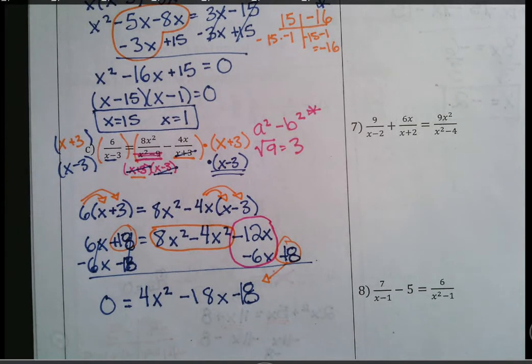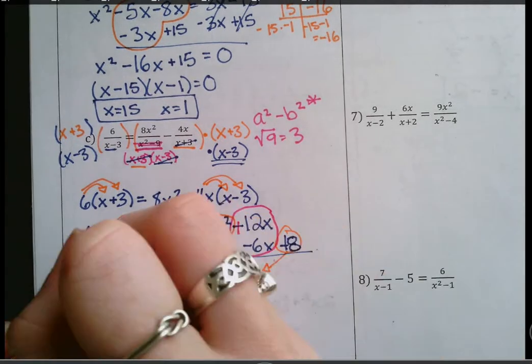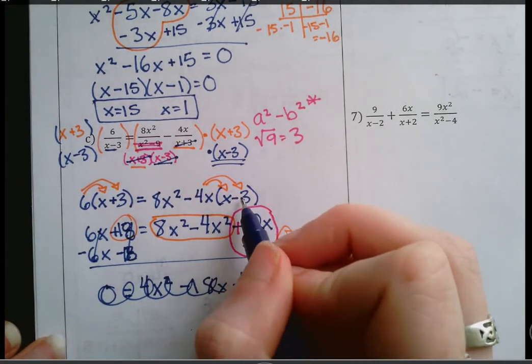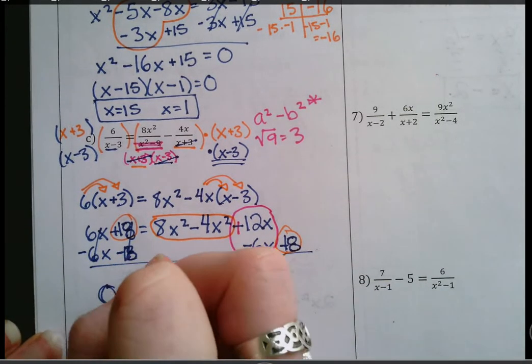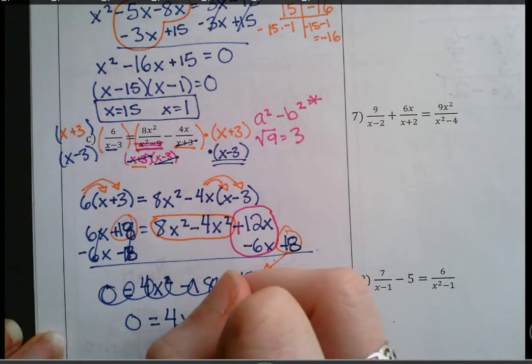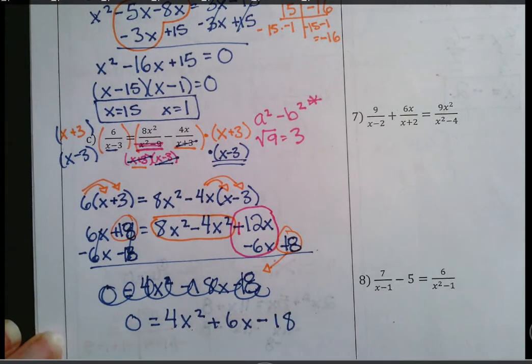Another mistake. Okay. This should also be a plus 12x. That's what I did. So I'm just going to rewrite this down below then. Because of the negative times the negative here, it's going to be a positive 12x. So we should have 0 is equal to still 4x squared, but it's plus 6x minus 18.